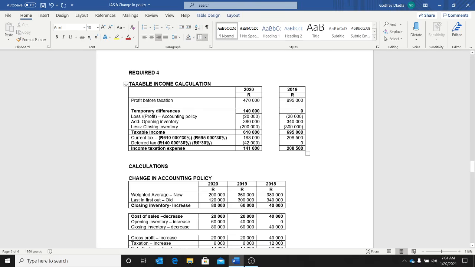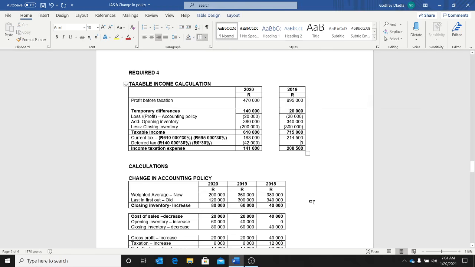I'm reading these figures from here, the old. I'm following the question. So if I do that, I will then get 20,000 like this. This one changes to 715. If I take 30% of that 715, it will give me 214,500.